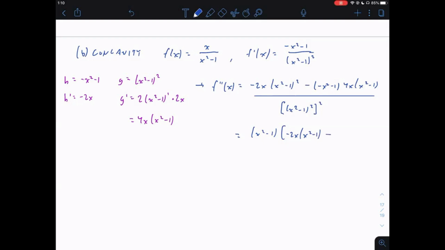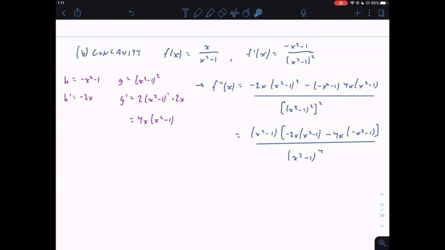Minus here. If we take out x squared minus 1 from the second term, then we're going to be left with 4x times negative x squared minus 1. I've just moved 4x to the front and this binomial to the back. All over x squared minus 1 to the 4th power, right? Squared squared gives us a 4th power.